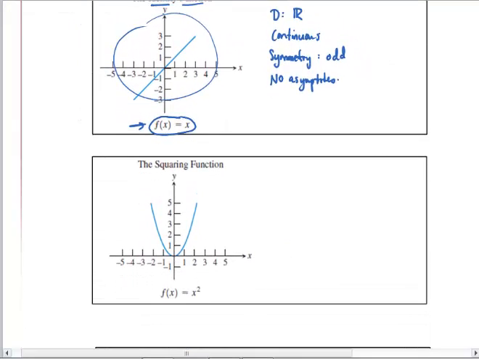The next function is the squaring function. Now this is just y equals x squared. The domain, all real numbers. It's a continuous function. It's defined for all x and has no breaks or jumps or skips, so it's a continuous function. Symmetry is even.